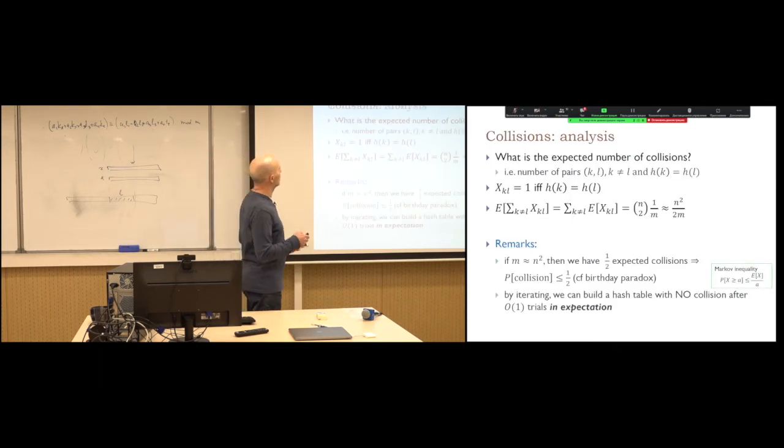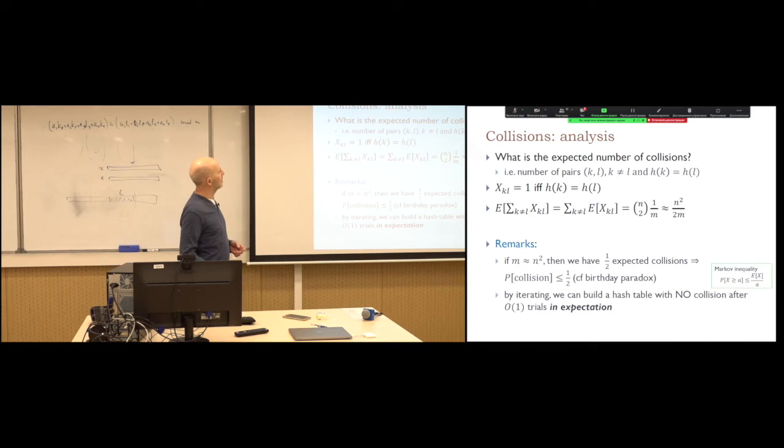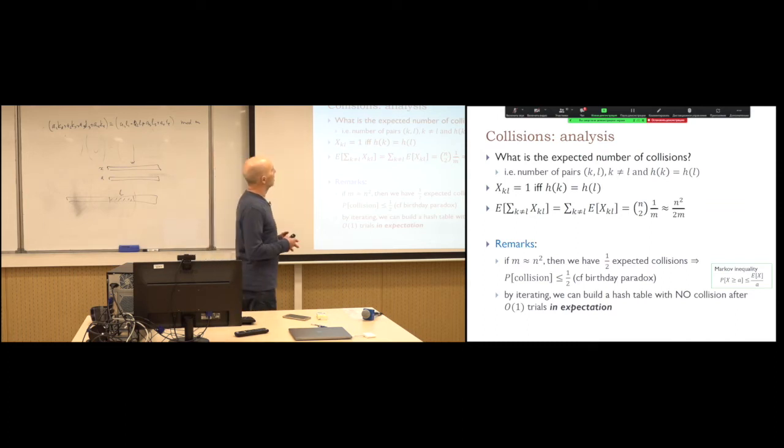So let's go to the construction. But before that, we need a little reminder from the birthday paradox. Let's first estimate the expected number of collisions: the number of pairs of distinct keys which hash to the same bucket under the uniform hash hypothesis. This is not so difficult to estimate.